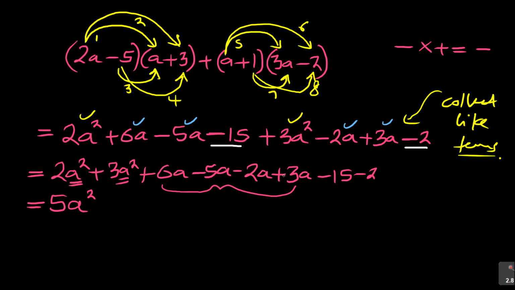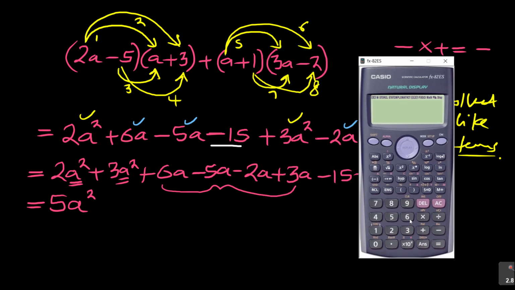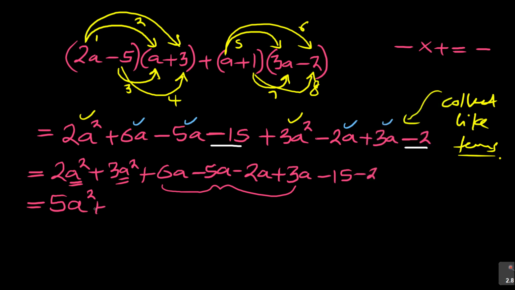Minus 1 plus 3. 3 is bigger, so I subtract 3 minus 1, which is 2a. But verify that with the calculator, because it's very important for you to cross check. So I got 2a: 6 minus 5 minus 2 plus 3 equals 2. Positive, so it's positive 2a.